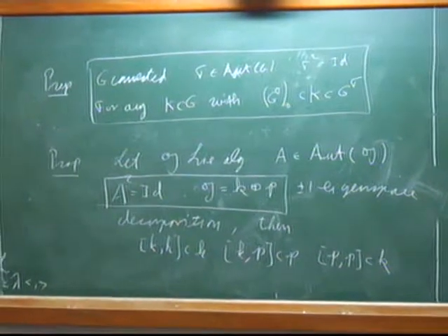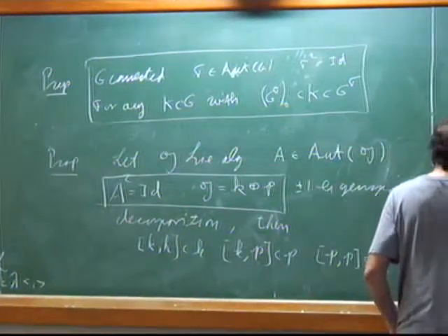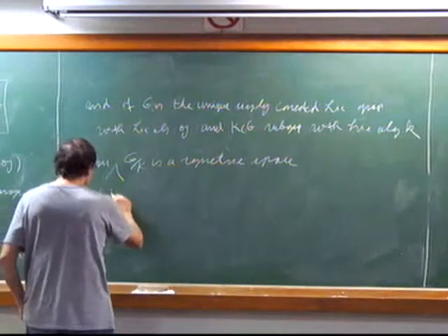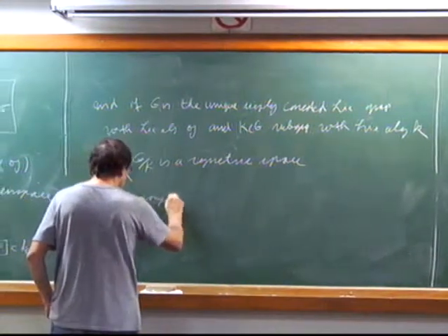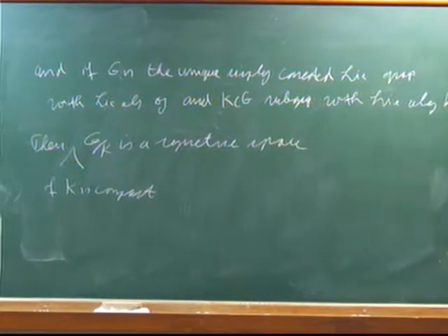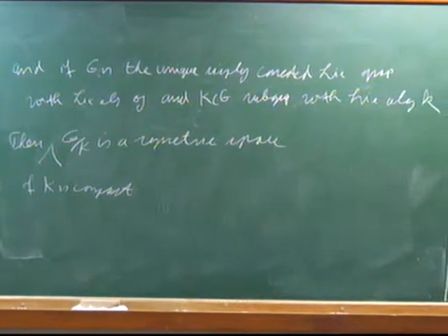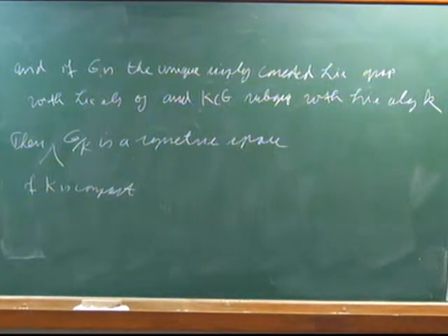I needed that K is compact. Then, if K is compact, G mod K is a symmetric space. And what do I need to prove this? That's precisely the previous theorem.